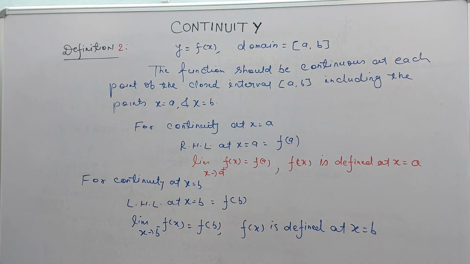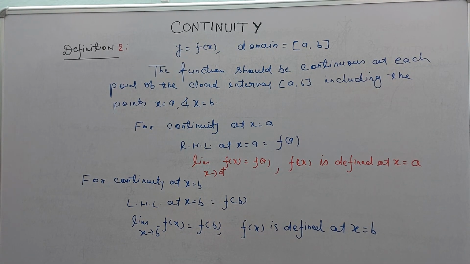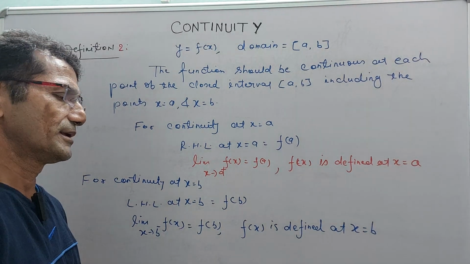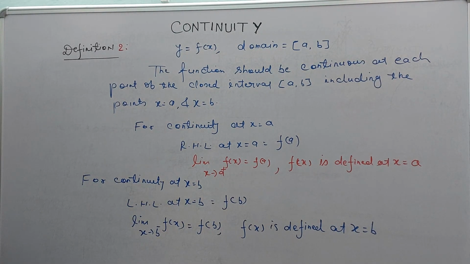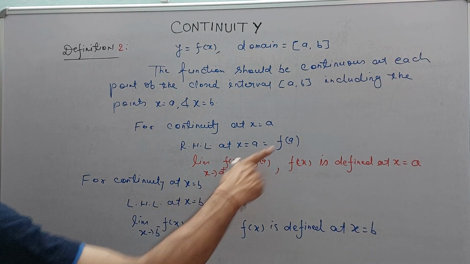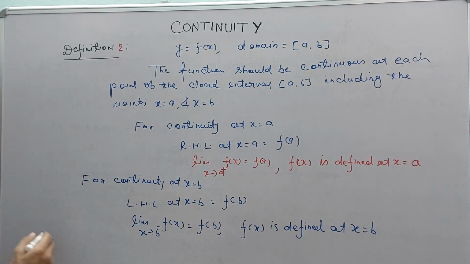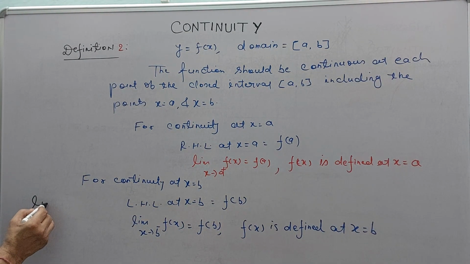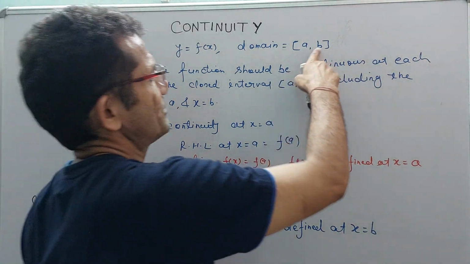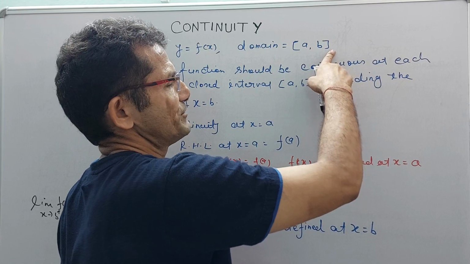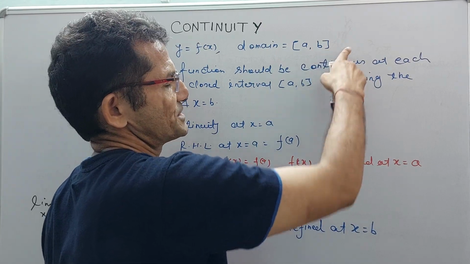Here the value should be defined, meaning it should be a real number. There is no sense if I take the right hand limit, approaching b from toward the right, because toward the right we come outside of this interval.